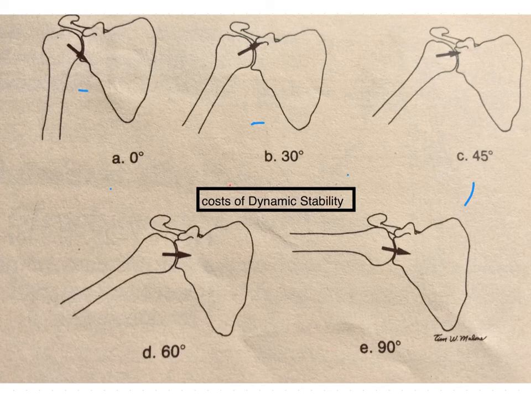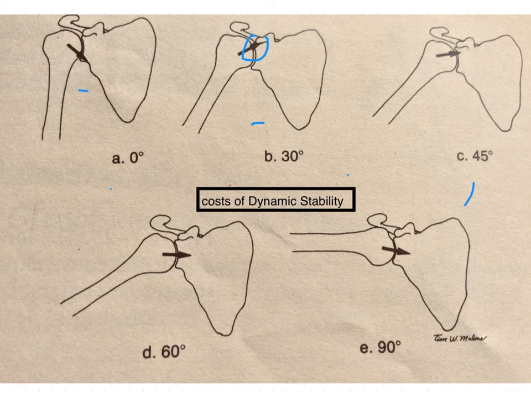Here what is happening? The superior gliding of the humeral head occurs during normal elevation activities. There are some substantial changes that occur in the pressure within the subacromial bursa as the humerus moves through its range of motion.